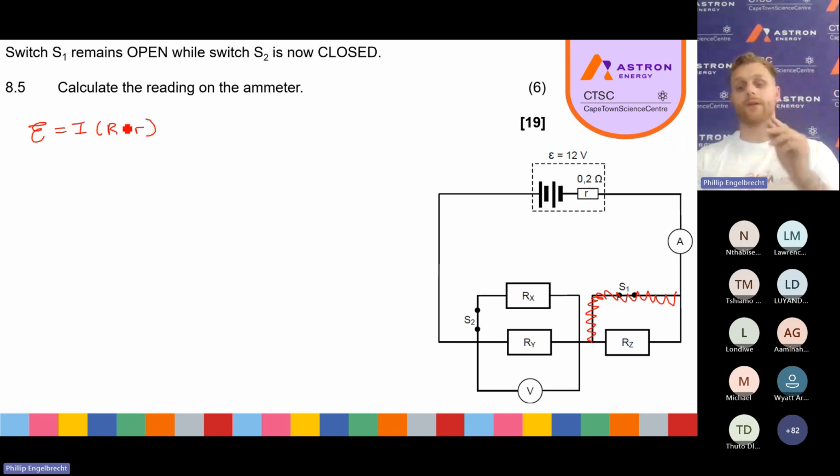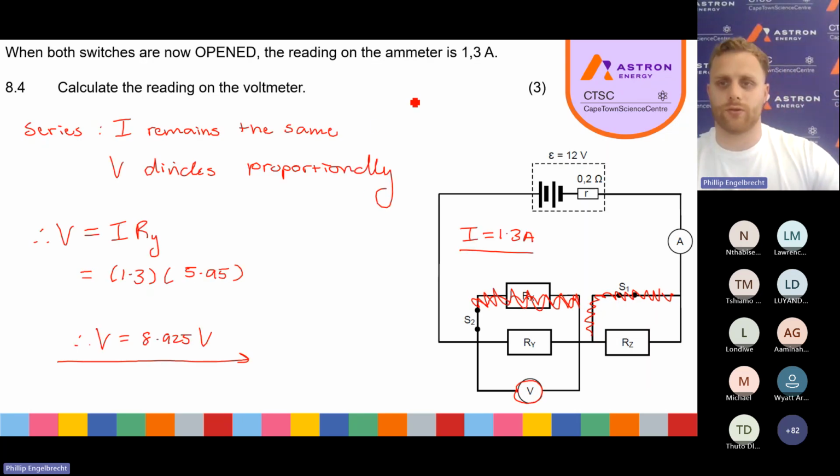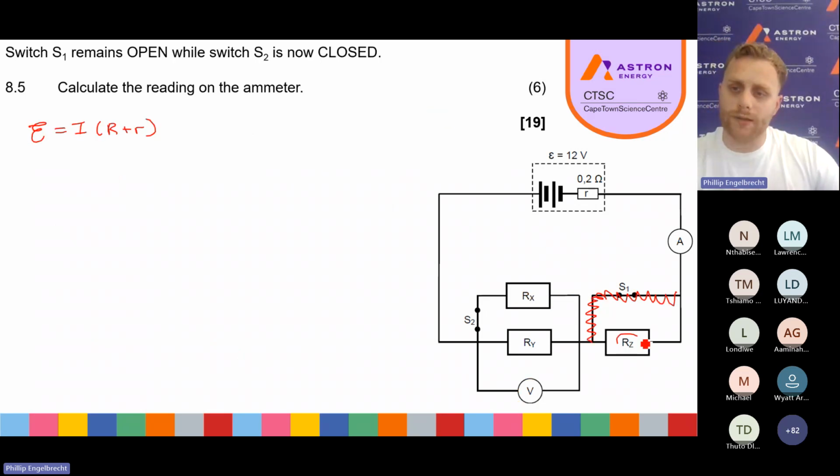I'm going to look at everything beforehand in this situation, because I actually first want to find out what is the value of resistor Z. If I figure out what the value of resistor Z is, it can help me a lot. So step 1, let's find the value of resistor Z.